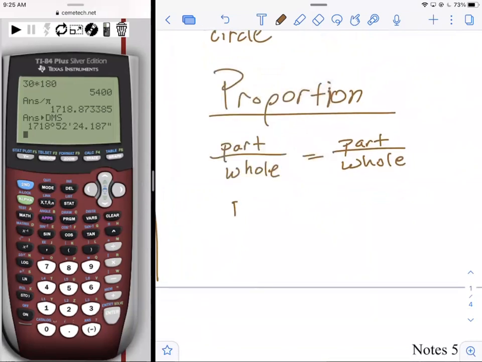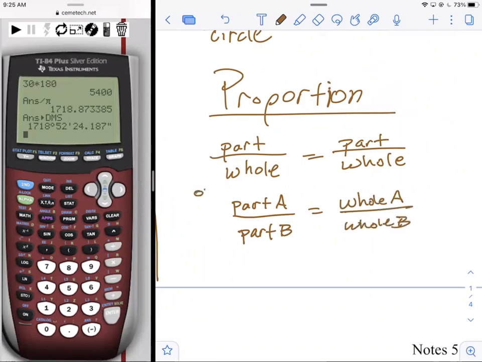Or you can do part A is to part B as whole A is to whole B. Either way, if you set up your proportions that way, let's label this: part A is to whole A as part B is to whole B. We'll match it up. So those are the 2 ways you could do proportions. It doesn't really matter. If you want to verify by cross multiplying, you'll see that your cross products in either case are exactly the same.